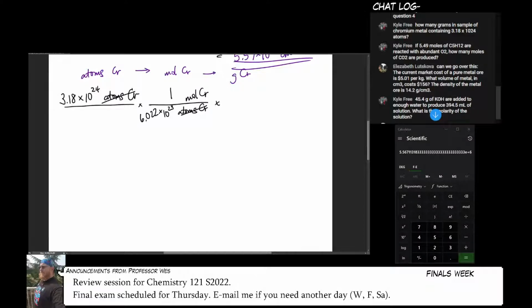And then next, we can turn moles of chromium into grams of chromium. And I still have my periodic table here. How many grams of chromium are in a mole? It says 51.996.